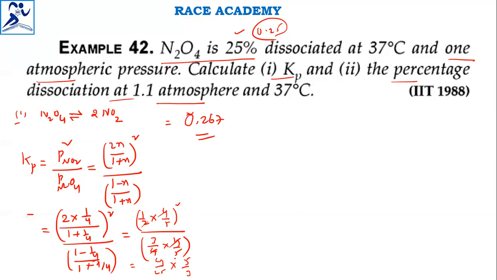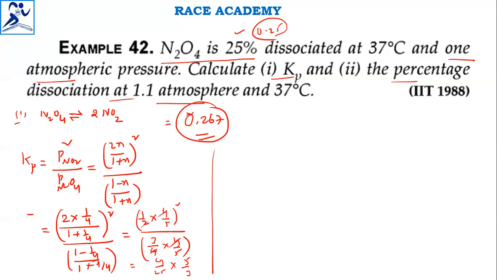So finally this will get 20 by 75, 20 divided by 75. So 20 by 75 is 0.267. So that is the first value.